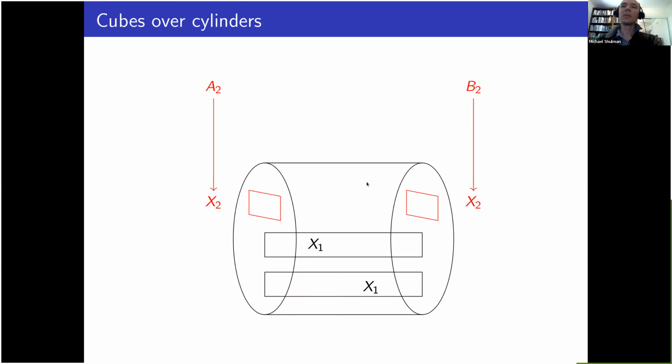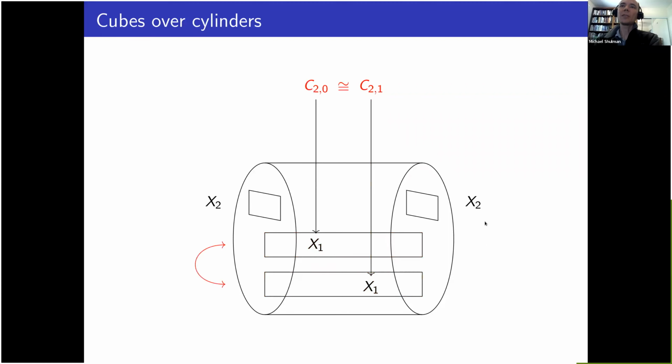Okay, but now, what about these other pieces? So we've got a C. I'm going to say C20 lives over this copy of X1 in the base, and also a C21 that lives over this other copy of X1 in the base. Now, however, remember that we have this action of the symmetric group that switches these two copies of X1.